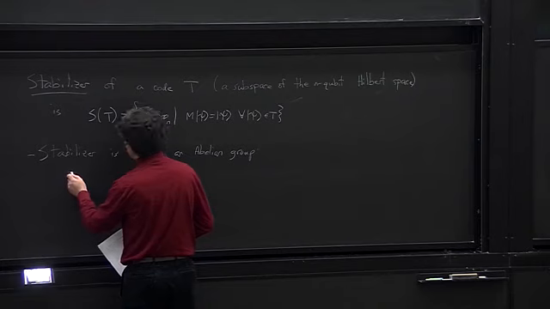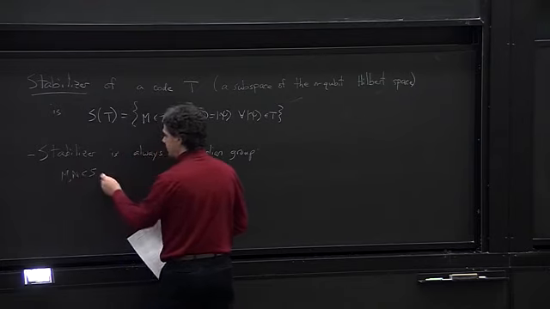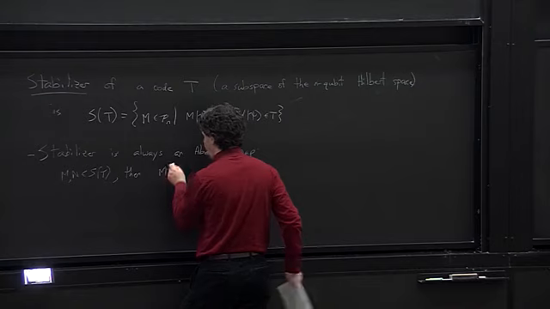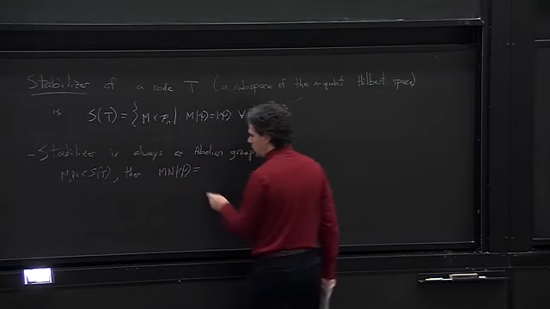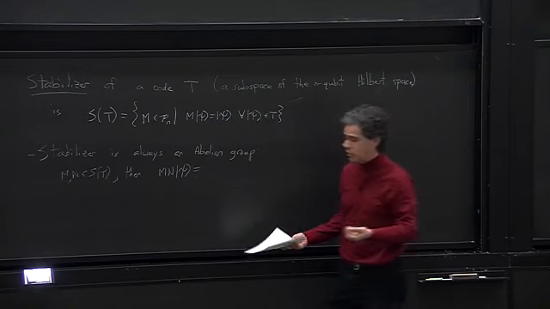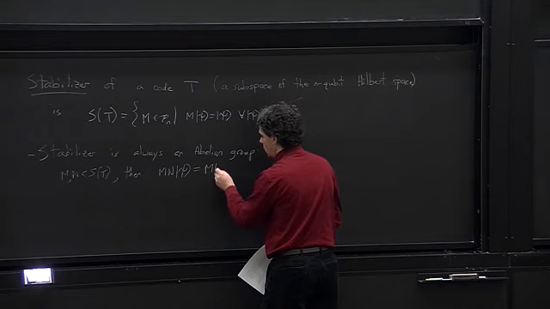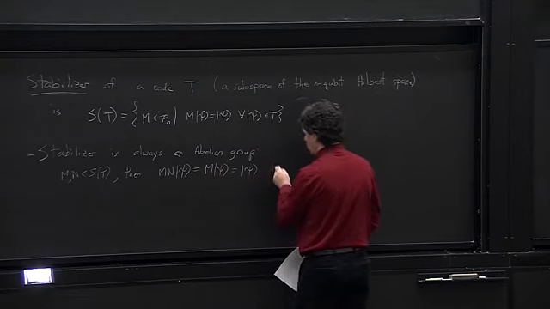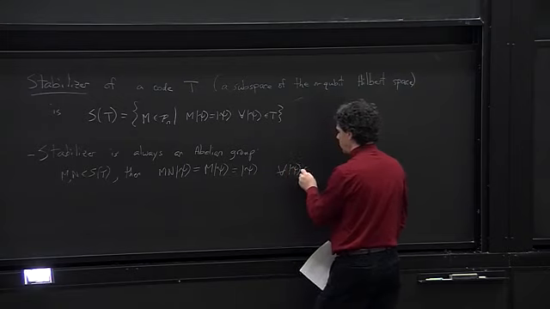In particular, if M and N are in the stabilizer, then MN applied to psi equals M times N psi, which is M psi, and M psi is equal to psi as well. This is true for all psi in the code.